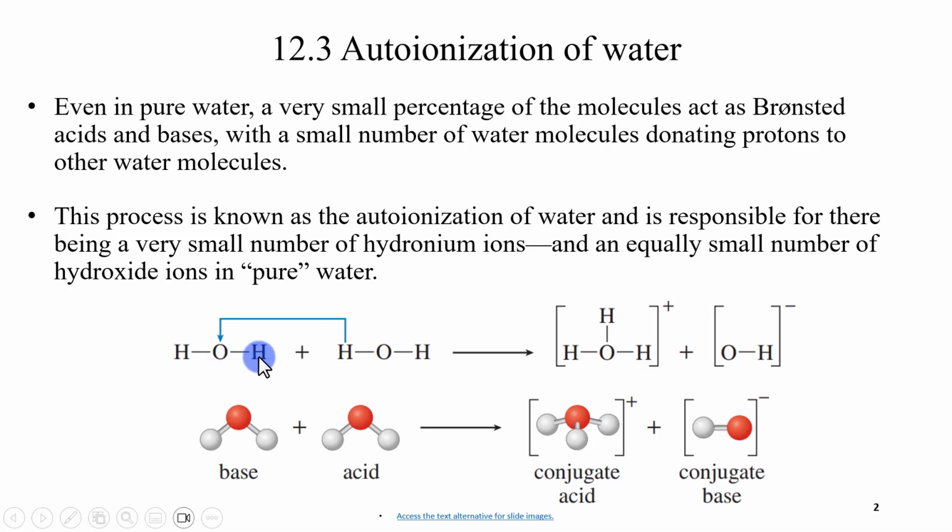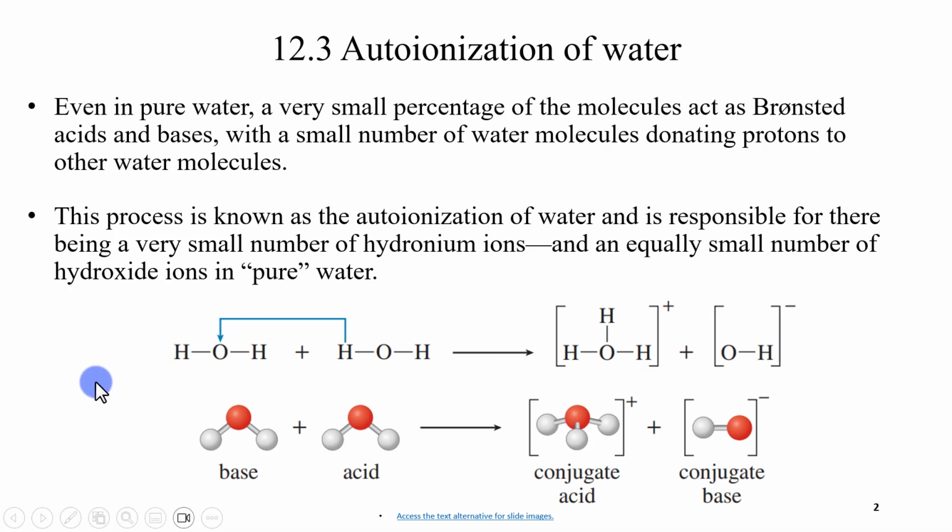And what is formed when my base grabs that proton is the conjugate acid of that base. This process is called the autoionization of water. Auto meaning self, so the self-ionization of water. Water is ionizing here, becoming two different ions.